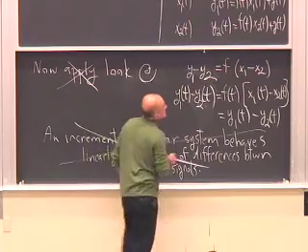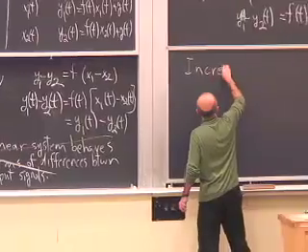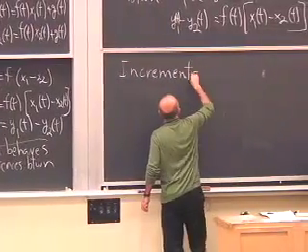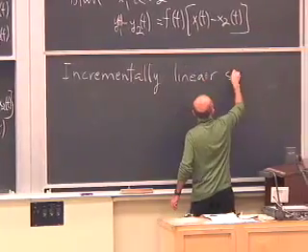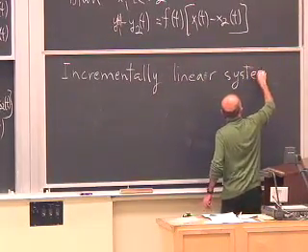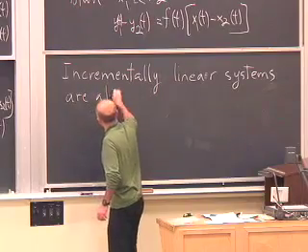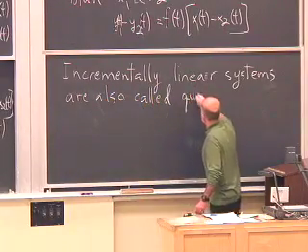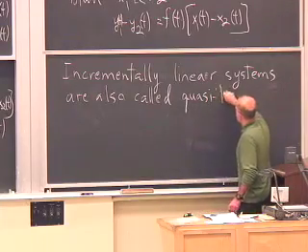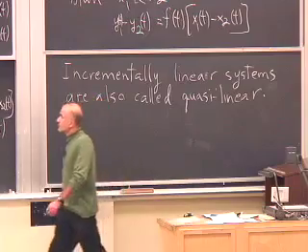So let me just write that here. Incrementally linear systems are also called quasi-linear in some quarters.